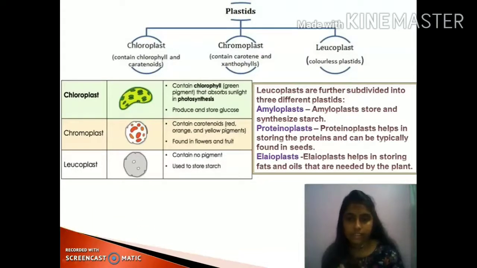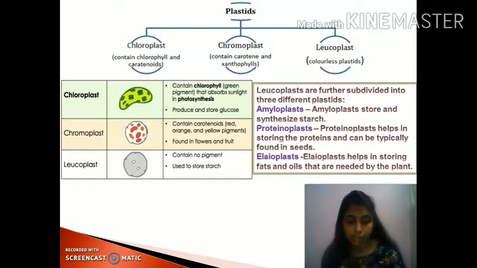As you can see here, chloroplasts are green colored organelles, the plastids which are generally green in color. Clear? Their main function is to help plants produce their own food by the process of photosynthesis with the help of a green pigment termed chlorophyll.